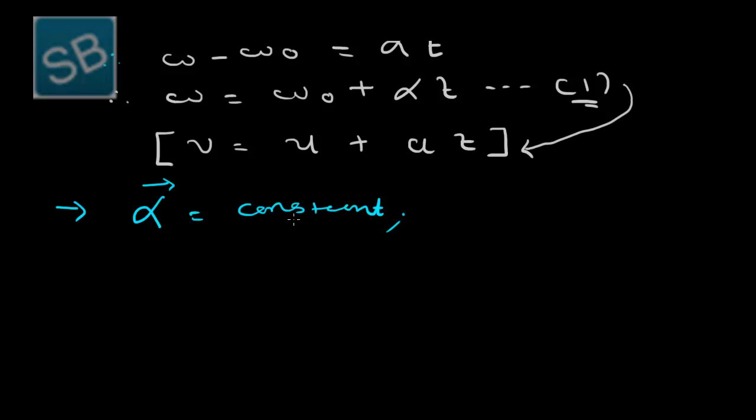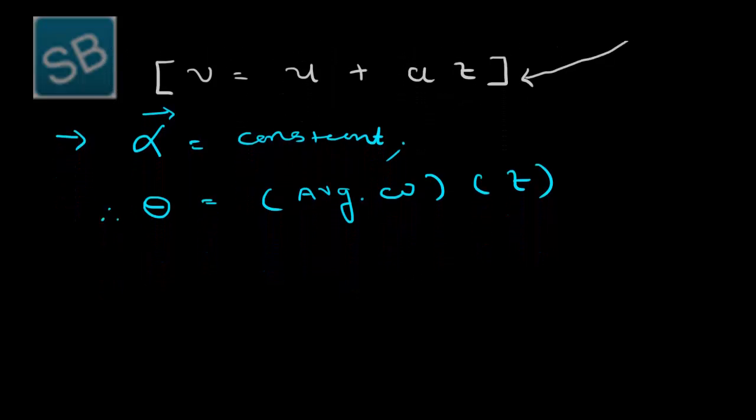Therefore, using angular velocity, we can find out the angular displacement. What is the angular displacement? Here, theta equals the average angular velocity into time, because velocity equals displacement upon time, and here I have taken angular displacement.